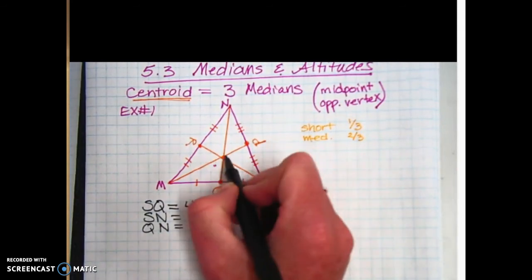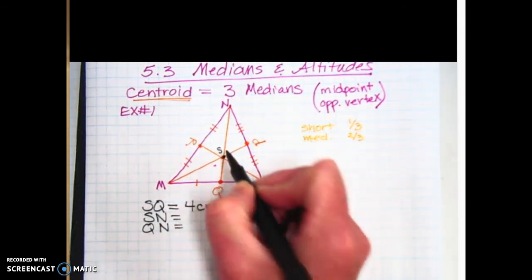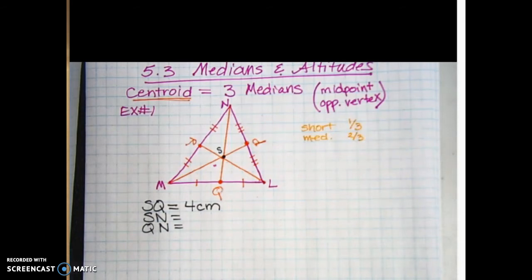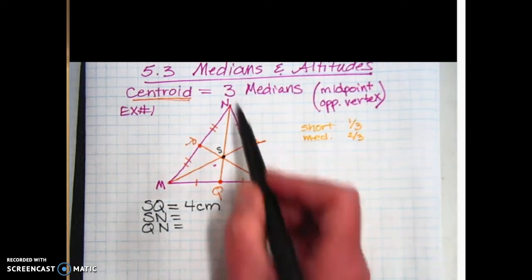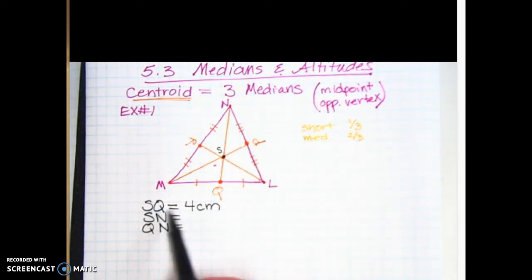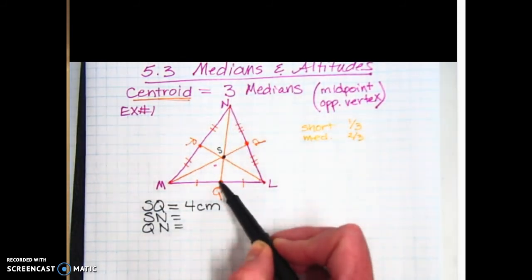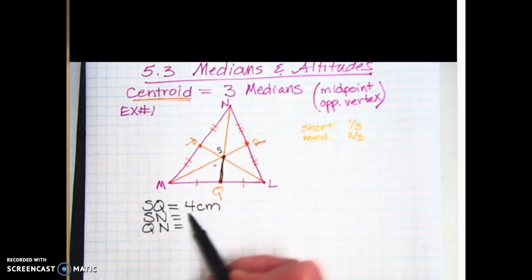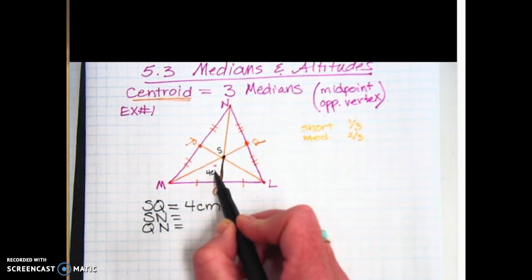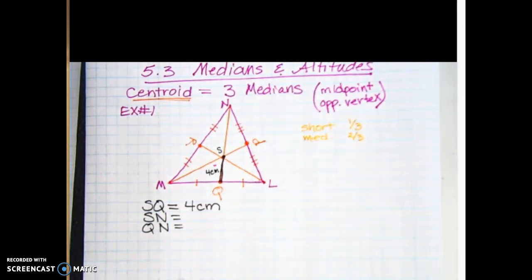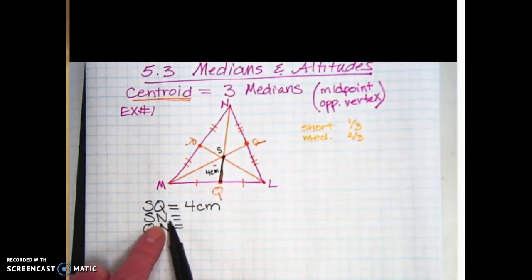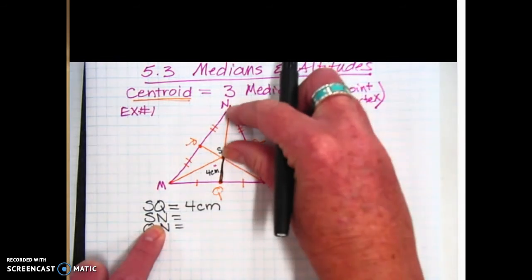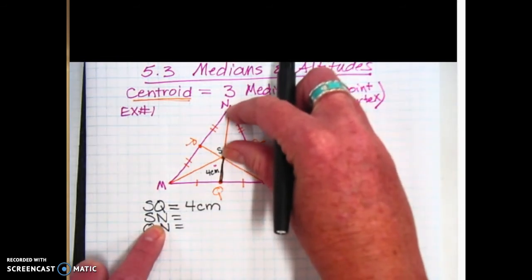Oh, we've got to label S. That point, the centroid, is S. I labeled all the other ones, but not the S. If we go on to our medians and find SQ, S is right here, Q is right here. This little piece is 4 centimeters. We now need to find SN. SN is the top portion of that median.